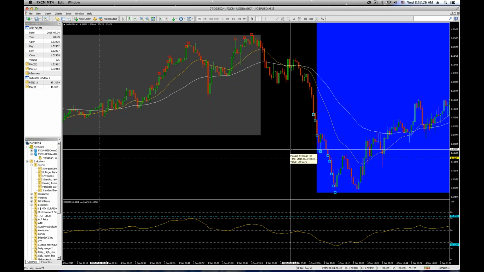The RSI was 21, and I think it was a 13 period moving average for the entry. RSI is set to 21, and I believe we took a 13 period moving average and then took the RSI off.